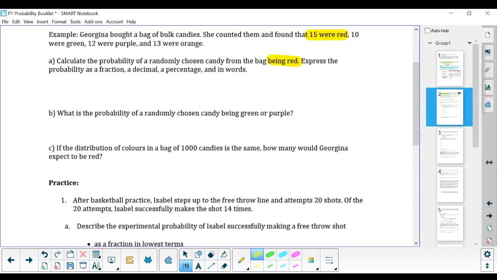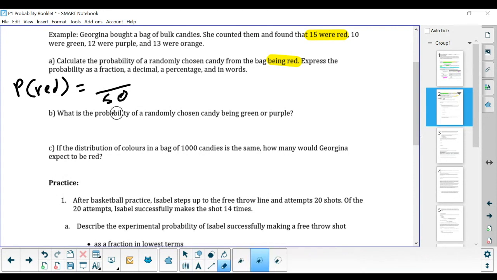If we add up all of the different candies in the bag, we have 15 plus 10 plus 12 plus 13, so that means we have 50 total candies. So we're looking at the probability of red being out of 50 candies. And we know that we started off with 15 total red candies.